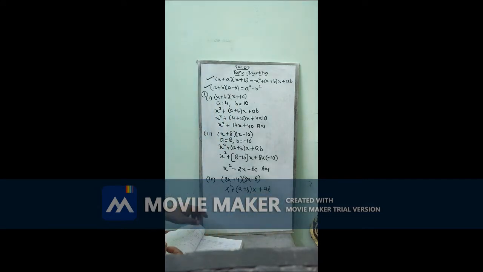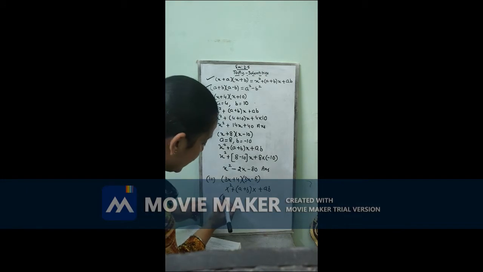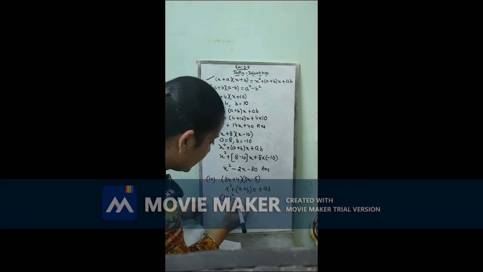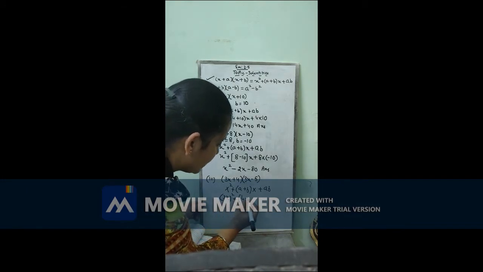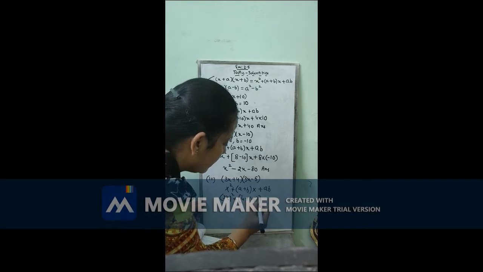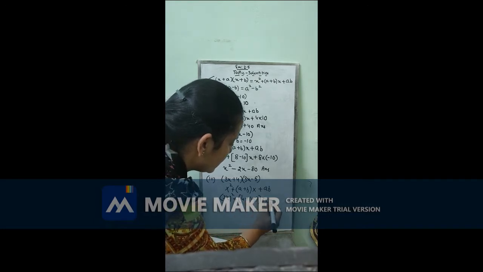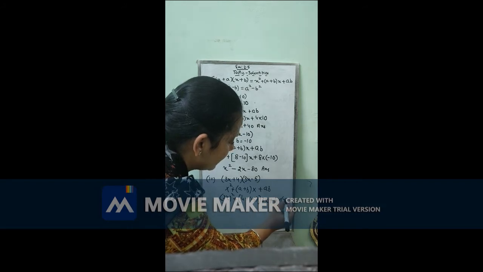Have you noticed one thing? I have used capital X here. Why capital X? Here capital X represents 3x. Clear? So (3x) square plus (4 plus minus 5) into 3x plus 4 into minus 5.